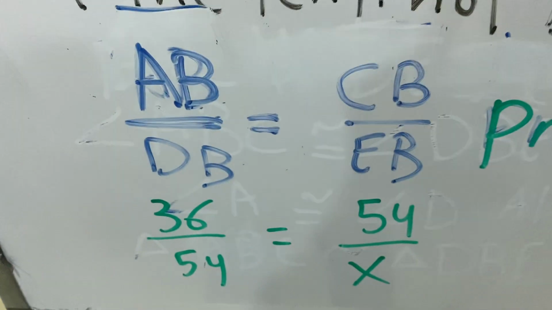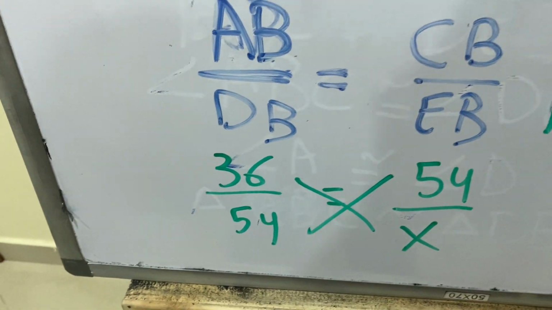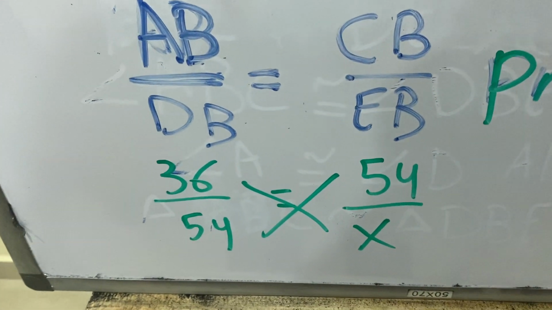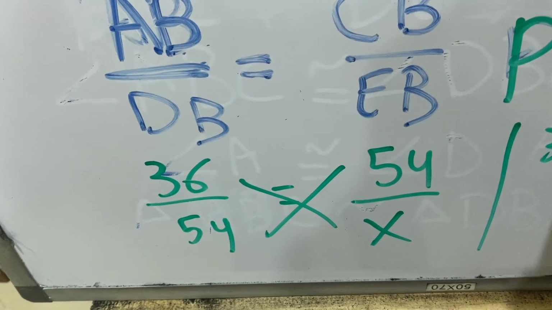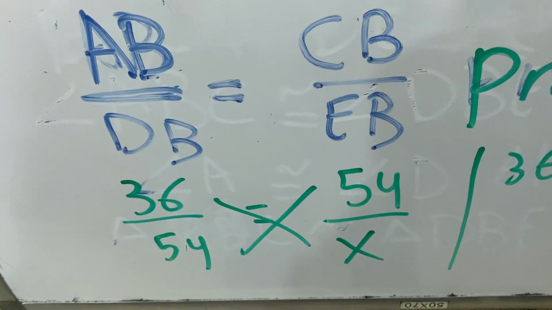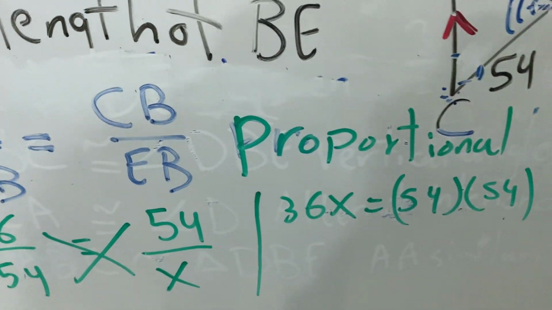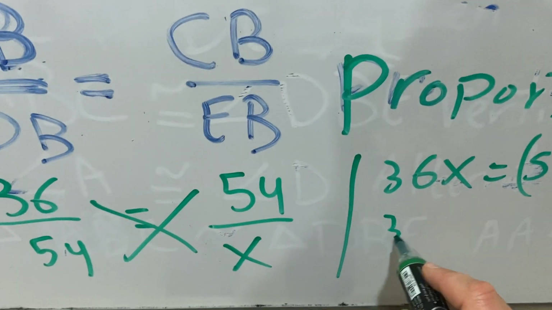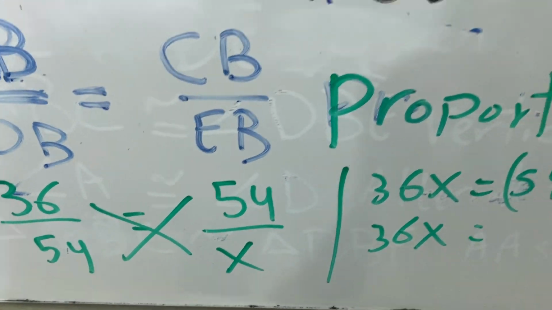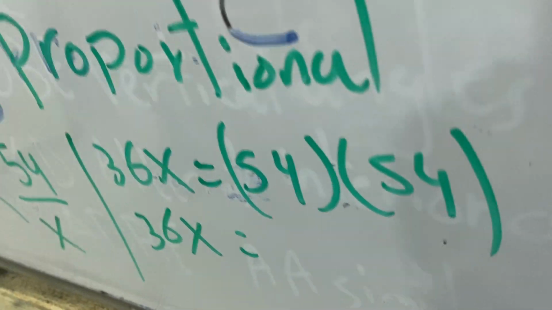Now, the best way to solve something like this, when you have two fractions equal to each other, is to do cross product. Now, I will multiply them by each other. This will give me 36x, 36 times x, 36x equal 54 times 54. We can use the calculator or we can do it mentally.